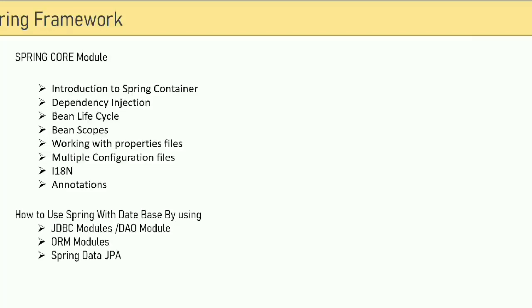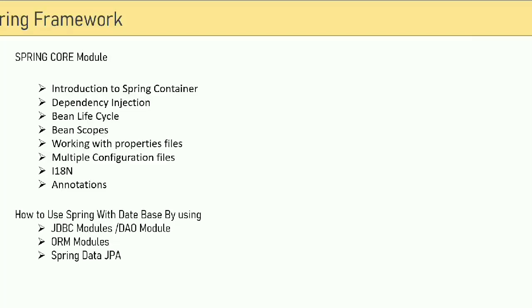We don't need to write lots of boilerplate code to build the connections, prepare statements, and then execute queries. That is not that tough now in Spring. Spring has its own API, which will help us reduce that particular code.